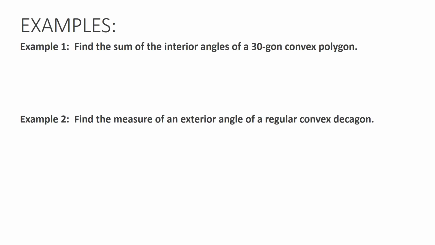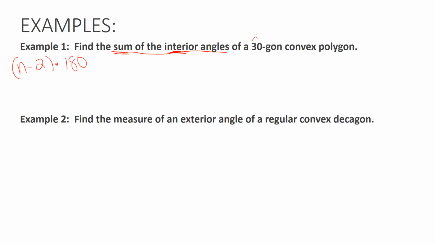So example number 1 is saying, find the sum of the interior angles of a 30-gon convex polygon. So we're assuming that it's a regular convex polygon, with 30 sides. So we're going to need the n minus 2 times 180 formula because it's the sum of the interior angles.